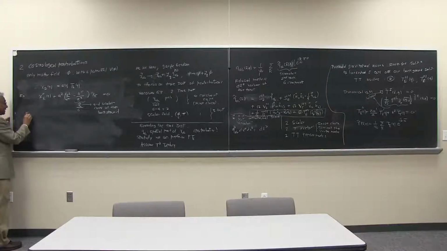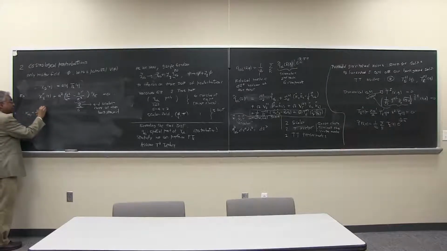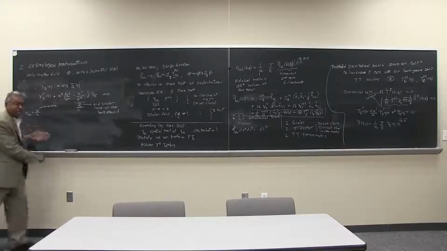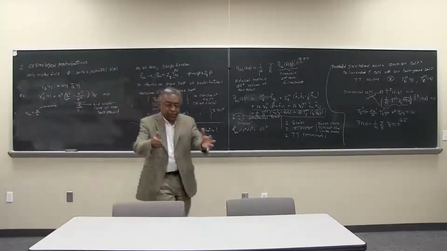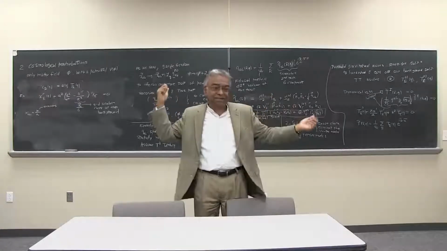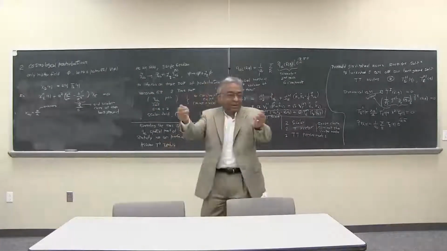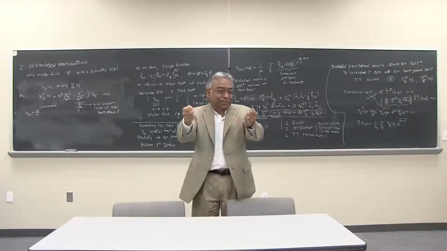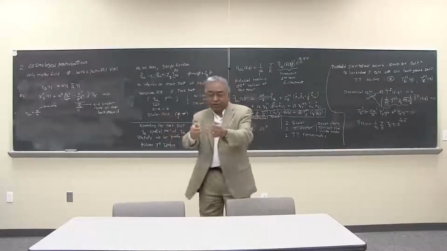Namely, k physical is just equal to k upon a. This is comoving, the mathematical one. As the universe expands, the physical wavelengths would be stretched by this scale factor.